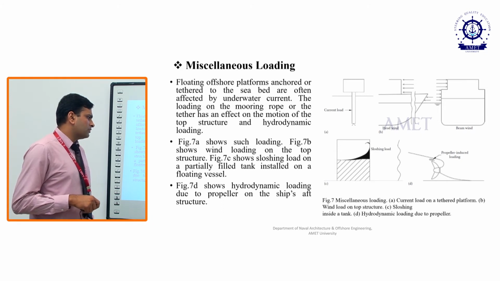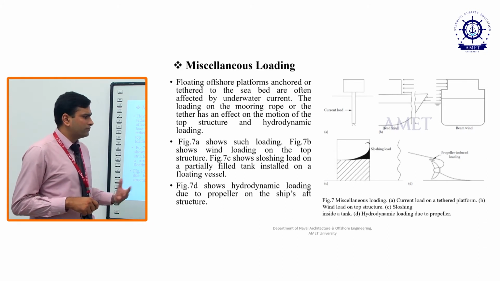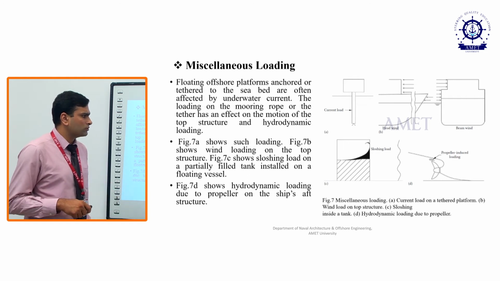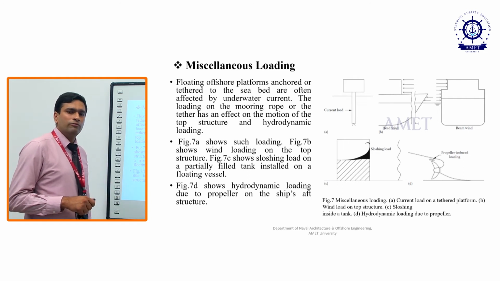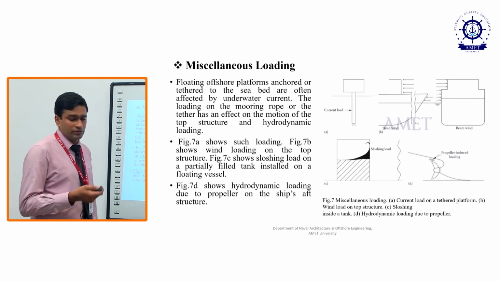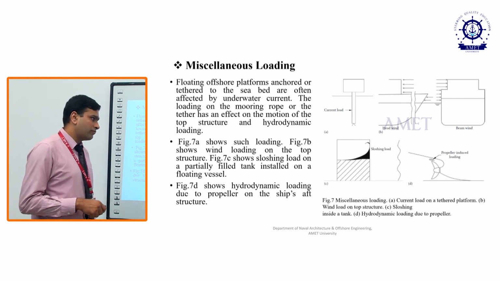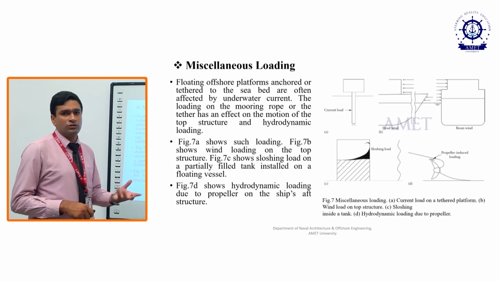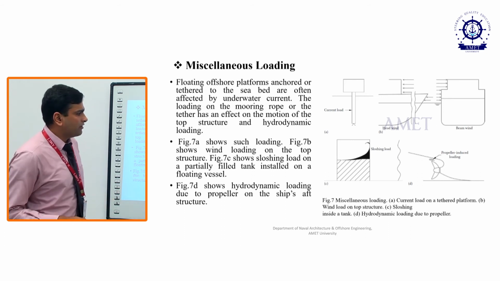Another is internal sloshing of liquids, and we have already talked about vibration, not only because of the moving element in the propeller shaft, but also the propeller induced hull vibration which can affect the region shown by the pointer here.